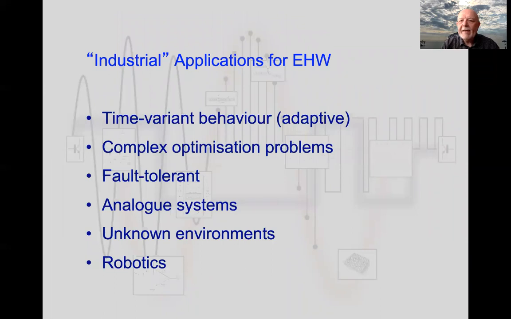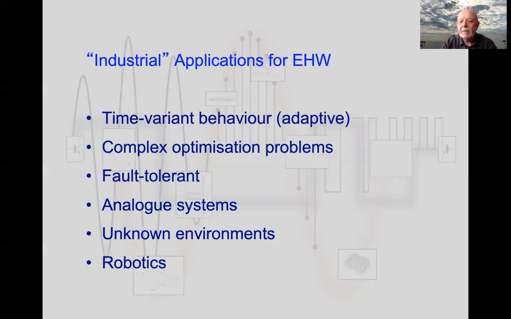So what applications in industry might evolvable hardware be useful for? Things where we've got processes that are adapting. Maybe going back to the NASA example where we need adaptation for the temperature. That was a nice example. Where we've got complex optimization problems, the SRAM cell is an example of that. Where things are going wrong.